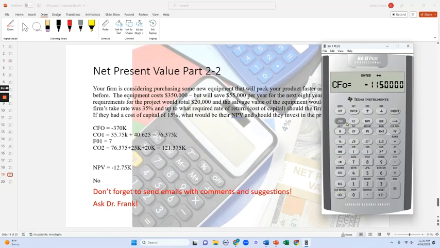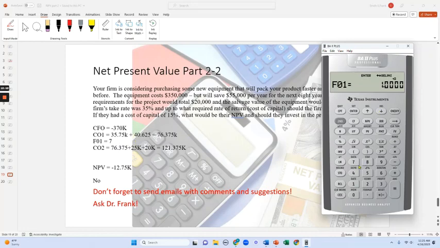And when we put that in the calculator, we get initial cash flow of negative 370. The C01 is 76,375. We're going to get that for 7 years.